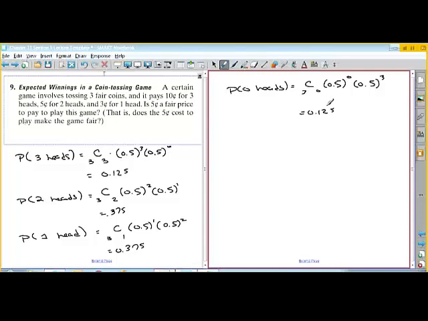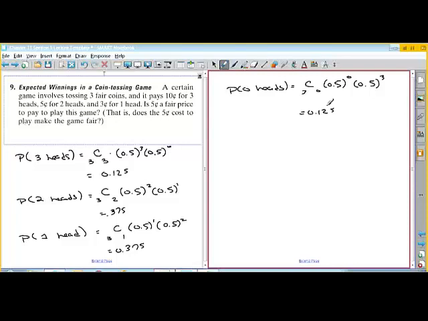One thing about coin problems is that this second part is always the same, because you've got 0.5 cubed times 1, you've got 0.5 squared times 0.5, which is 0.5 cubed. You've got 0.5 to the first power times 0.5 to the second power, which is 0.5 cubed. And over here you've got 0.5 to the 0 power, which is 1, times 0.5 cubed.